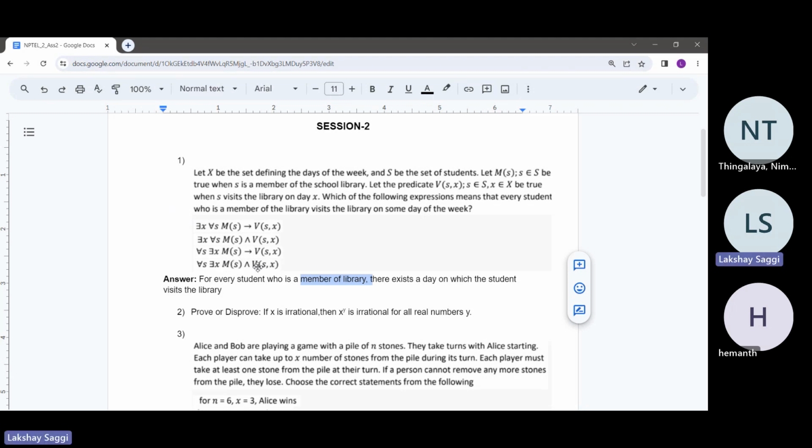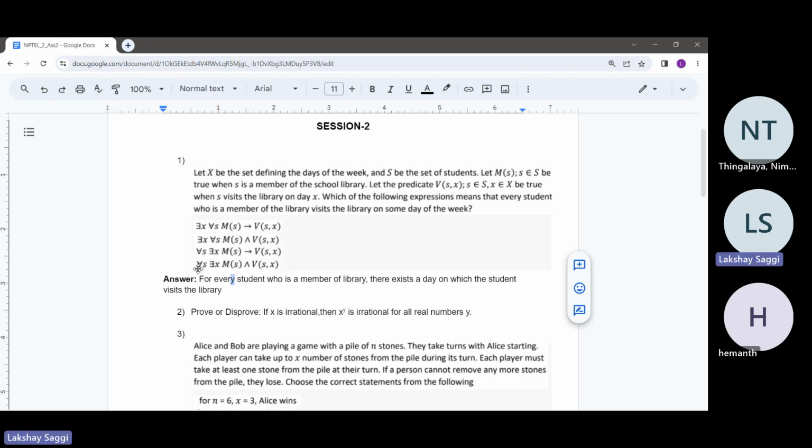But this is not exactly what we want. This proposition is saying that for every student, there exists a day X, and every student is a member of the library and visits on day X.